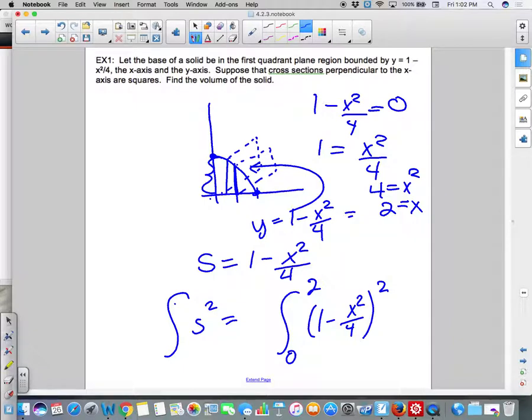Okay. So I'm just going to plug it in math 9 real quick. Math 9. I'm going to go from 0 to 2, 1 minus x squared over 4, squared.